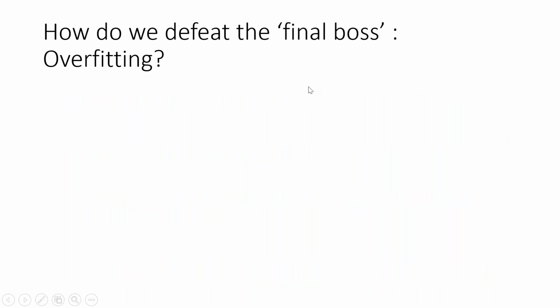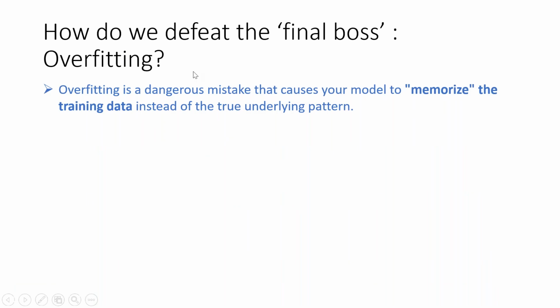So how do we defeat this final boss? There are tactics. Overfitting is a dangerous mistake that causes your model to memorize the training data instead of the true underlying pattern. That's what we have observed. So this prevents the model from being generalizable to new unseen data.